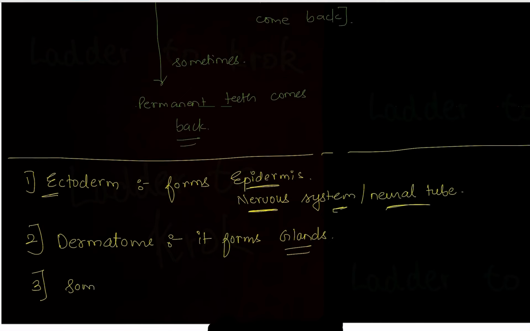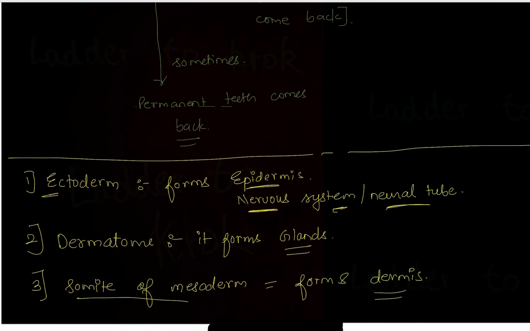Lastly, somite of mesoderm forms dermis. You must remember these three. Somite of mesoderm, you'll be doing it in embryology. Somite, this mesoderm, is divided into types. Okay, so the somite part of the mesoderm will form the dermis.